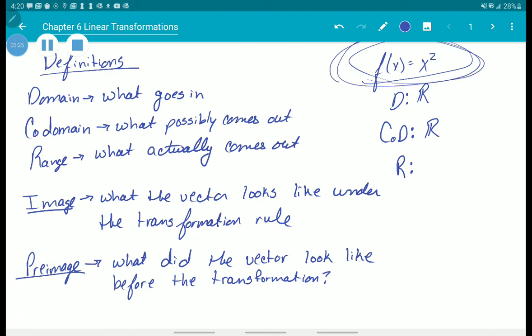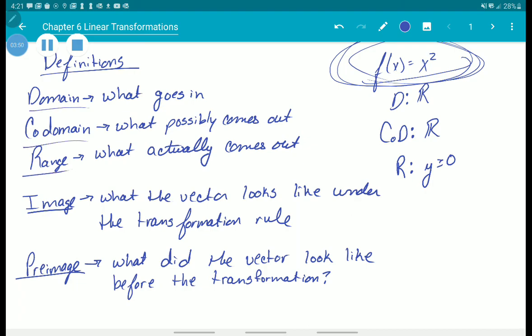Specifically, if I'm looking at this in terms of domain, codomain, and range, what I'm getting out is actually all the real numbers that are greater than or equal to 0. I'll say it like this. So I want you to think about it that way.